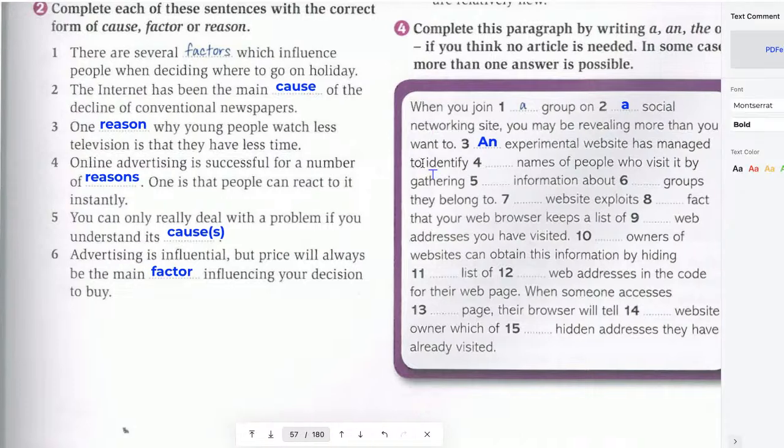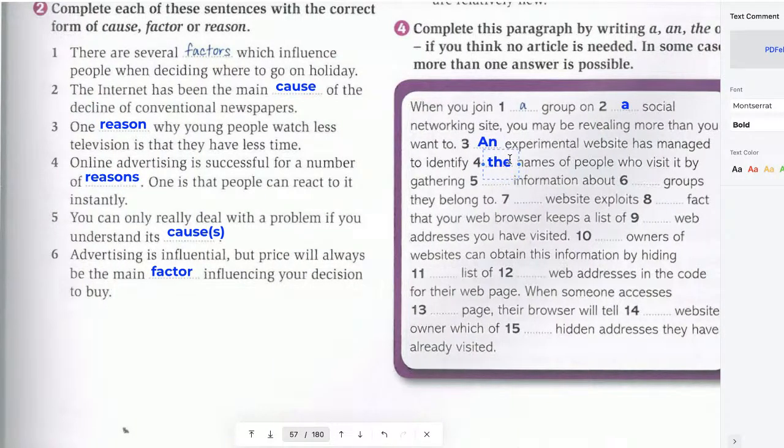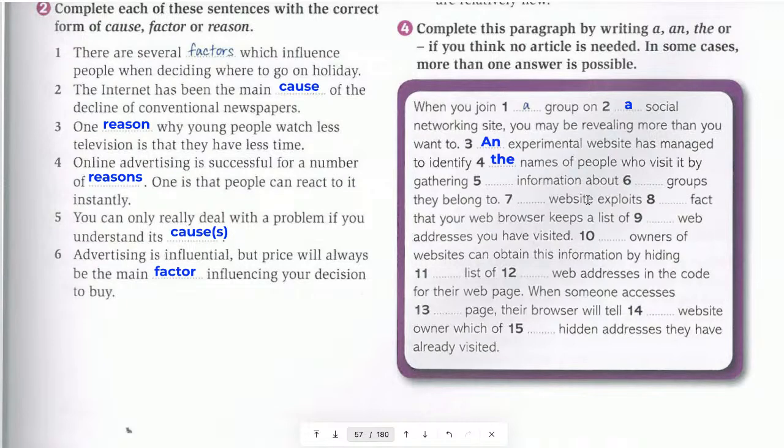Why do we need to use the word "the" here in this case?